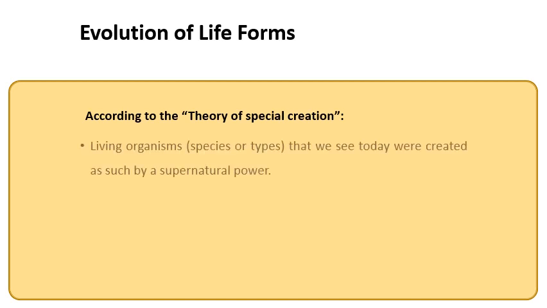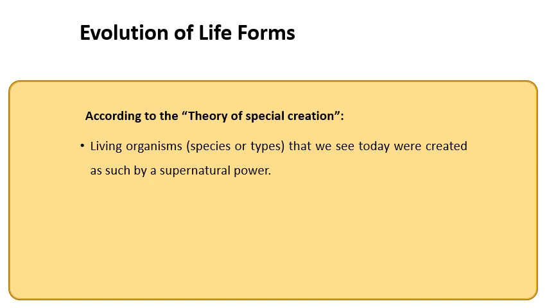Now, next, let us move on to evolution of life forms. What is the meaning of evolution? Evolution is nothing but origin of new forms of life by undergoing a slow and gradual change.